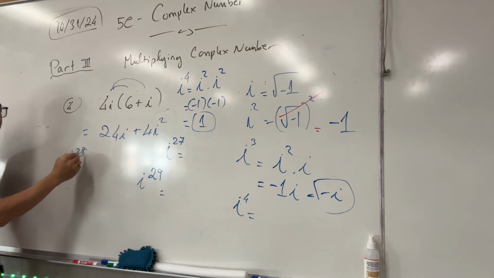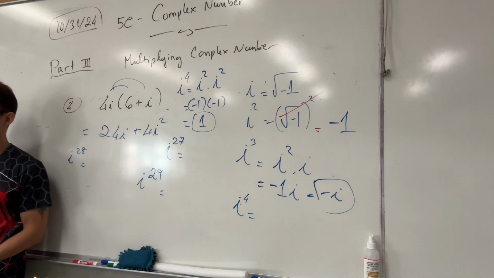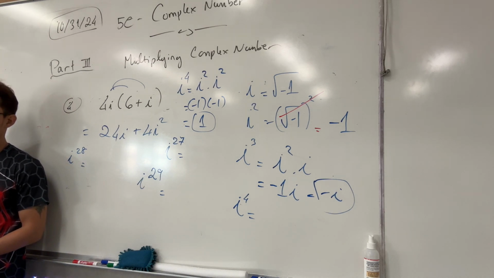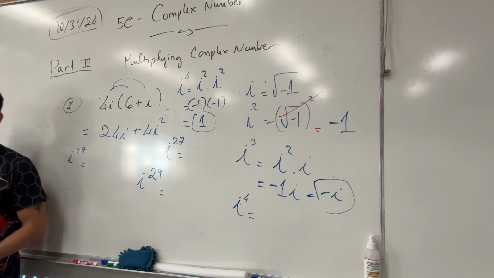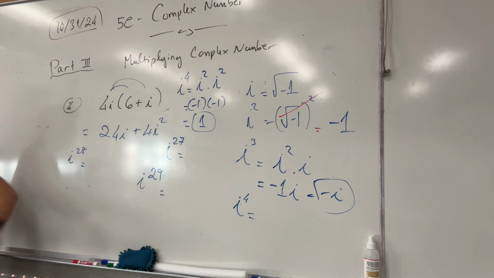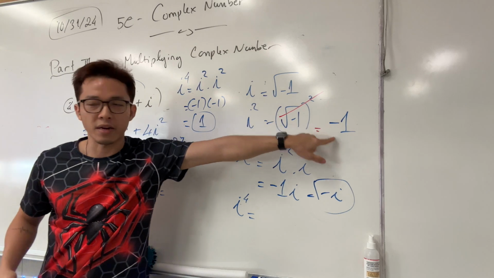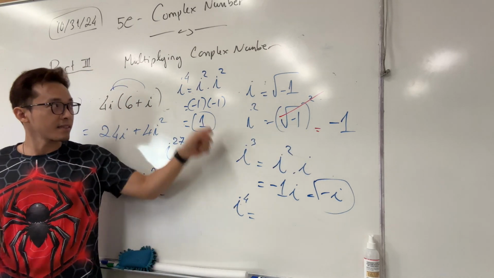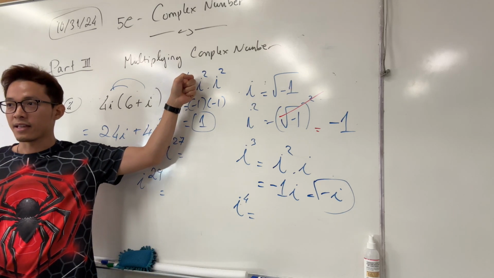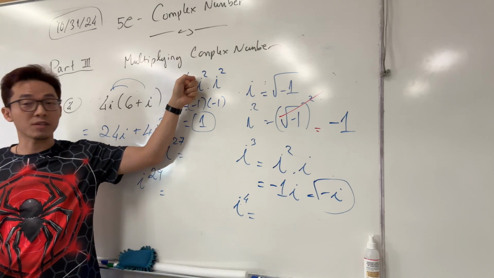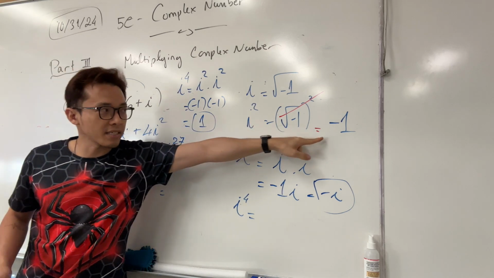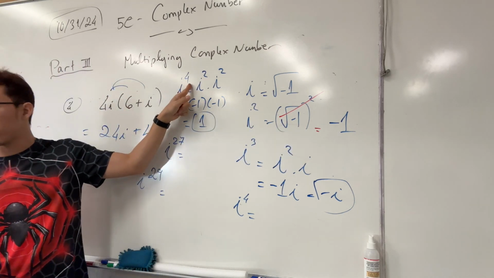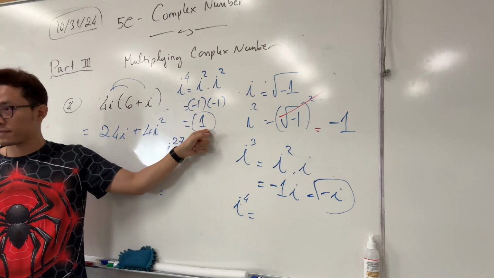What is i to the 28? 1. Why 1? No, not even. This is also even. i squared is even, but it's not 1. It is -1. Only when you go to i to the power 4, it is 1.